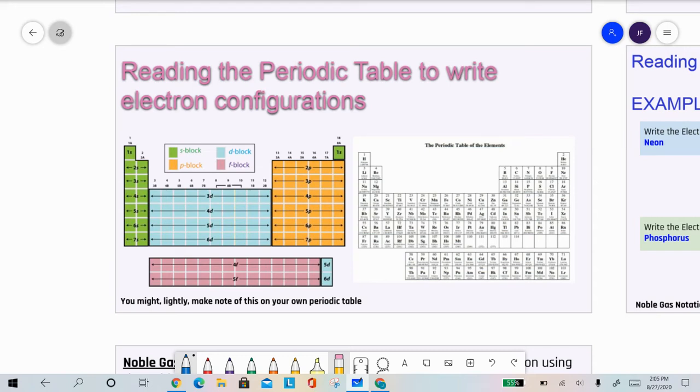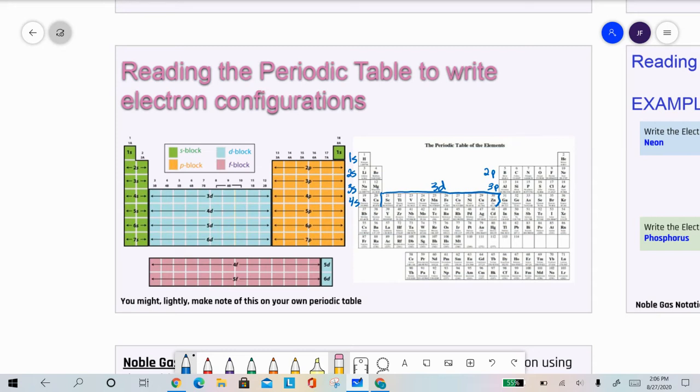I would not color the different colors, but maybe up here I would put 1s, 2s, 2p, 3s, 3p, 4s, and then kind of make a box and say this one's 3d. I would do something more like that than coloring it, because we're going to color our periodic table in a different way.